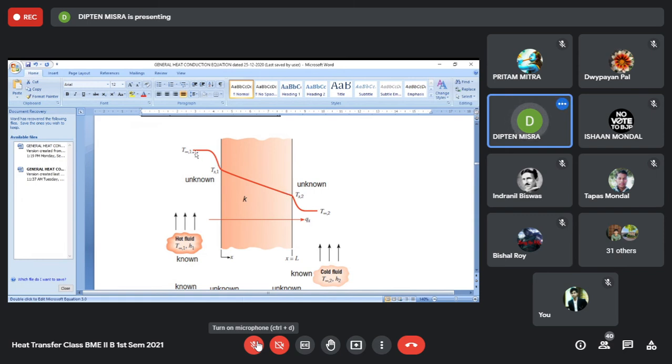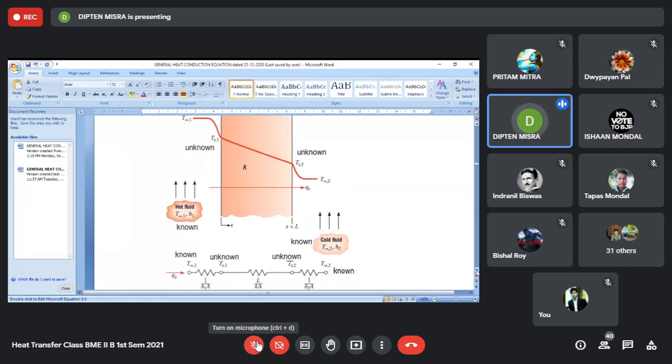And here, what you know is T infinity 1, the ambient temperature on side 1, and T infinity 2, the ambient temperature on side 2. We do not know the surface temperature values; these are unknowns. One more thing that you know is that the heat flows from the fluid to the wall by convection, and for that convection, there is a coefficient called the convection coefficient, known as H1.